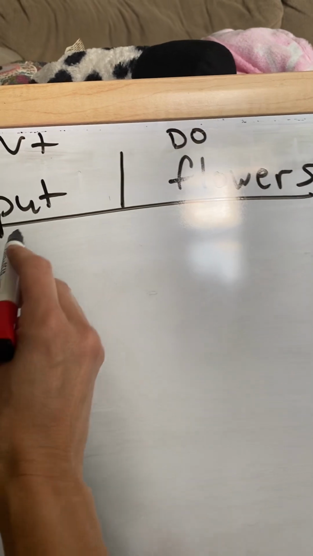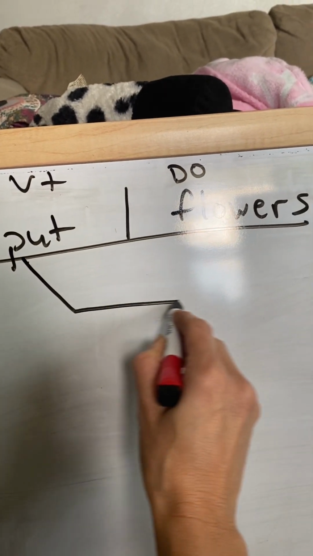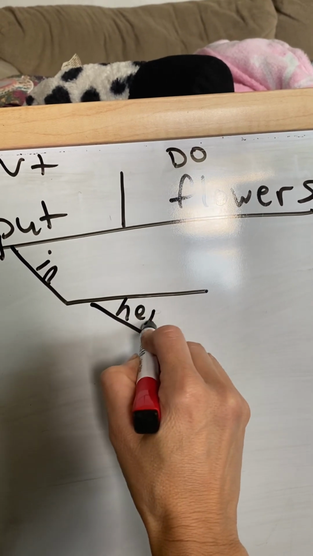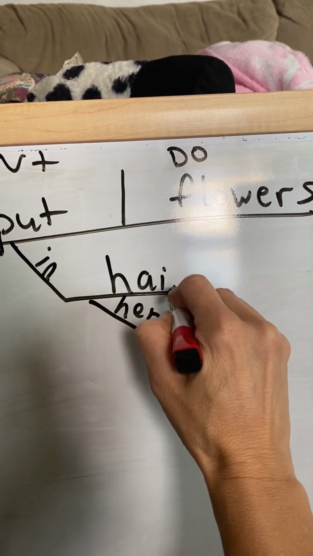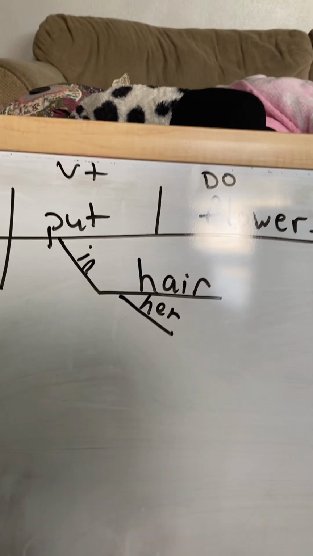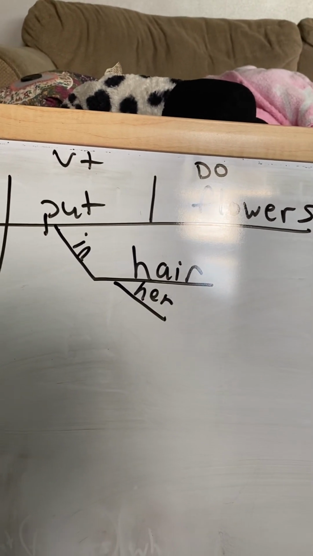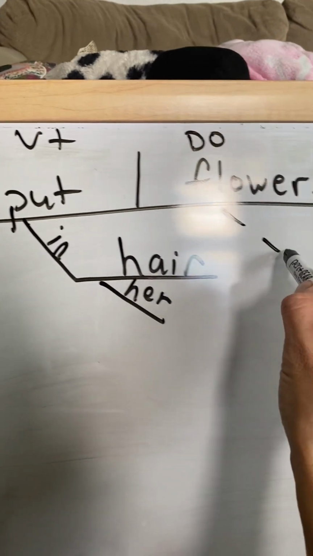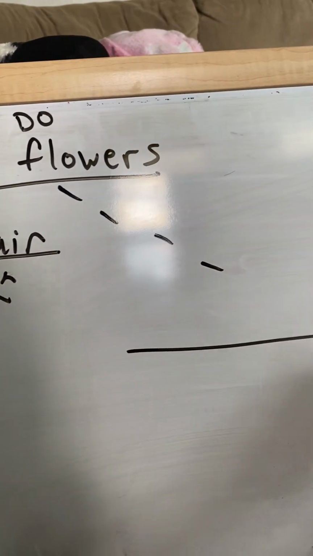Where did she put them? So we had to put our prepositional phrase here. In her hair. Our adjectival clause was modifying flowers. So we're going to draw our dash line here.